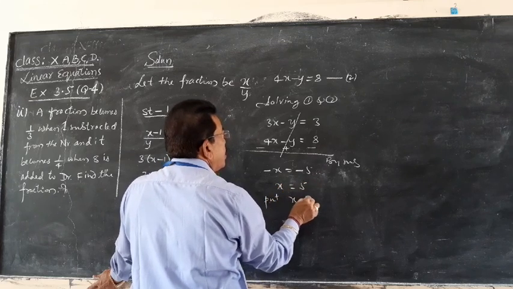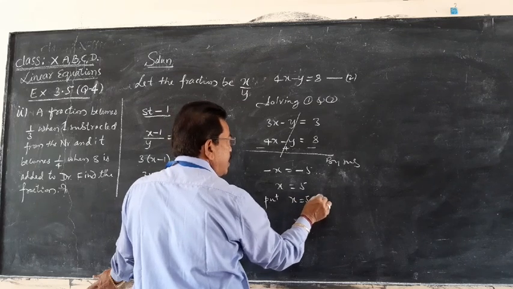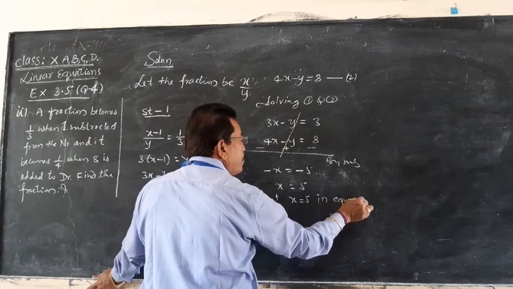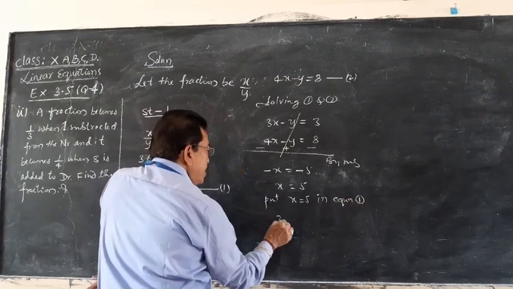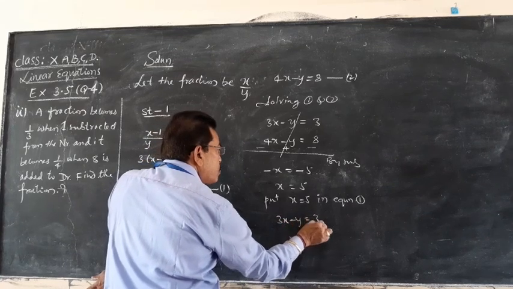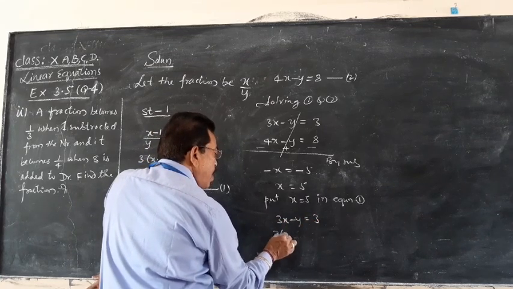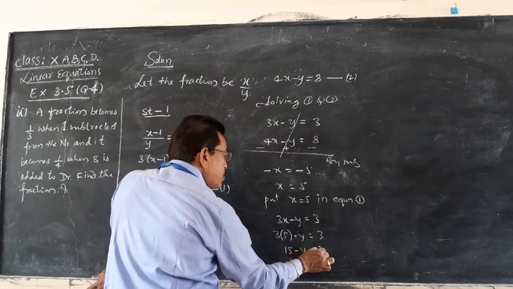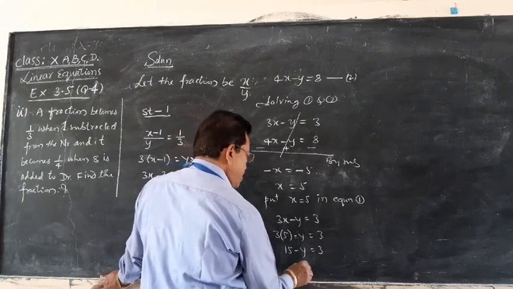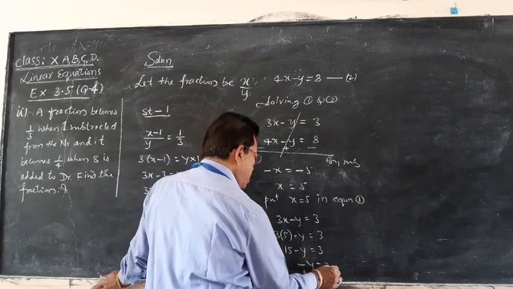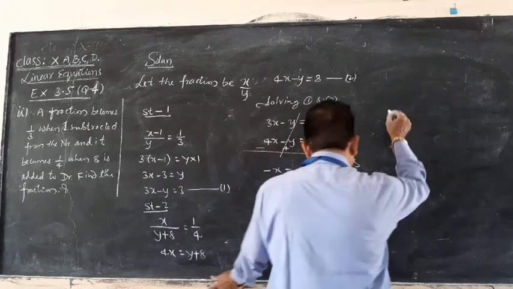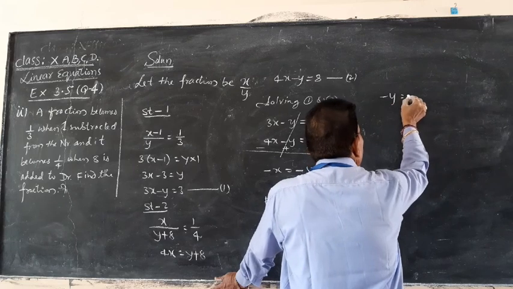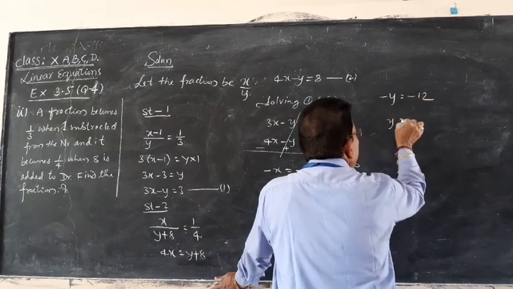Put x equals to 5 in 1. 3x minus y equals to 3. 3 into 5 minus y equals to 3. 15 minus y equals to 3. Minus y equals to 3 minus 15. Therefore minus y equals to minus 12. Therefore y equals to 12.